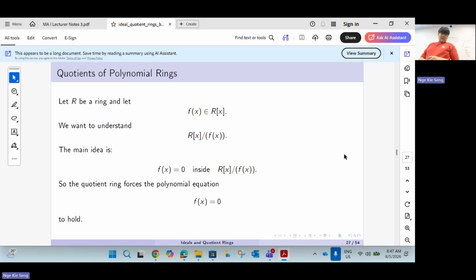Okay, next we will talk about the polynomial ring. The polynomial ring notation is R square bracket X, and this contains all the polynomials. And later we want to talk about the quotient.